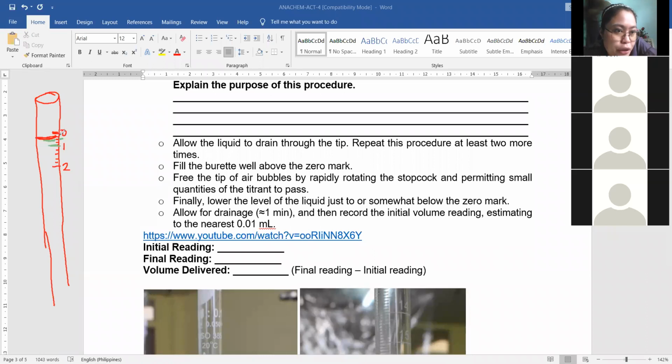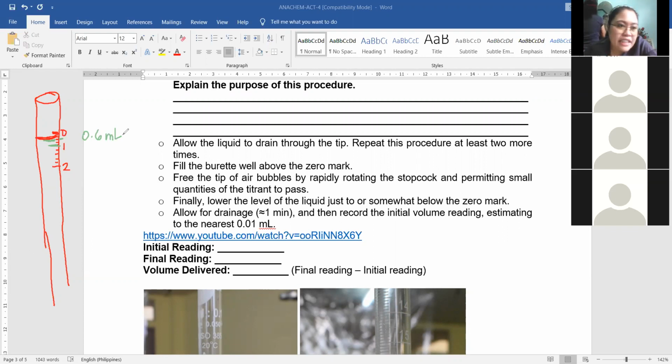So, this is 0.2, 0.4, 0.6. Kulang isa na linya. So, dito na lang natin siya ilagay sa baba, since this is just an example. So, your initial reading is now 0.6 ml.